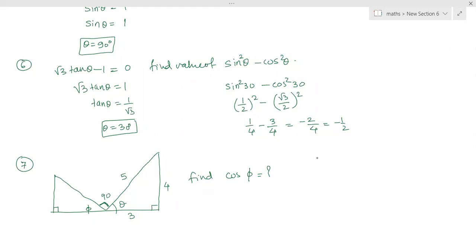Ma'am, is it the midpoint of the line? No. Okay. Shreya, can you try?